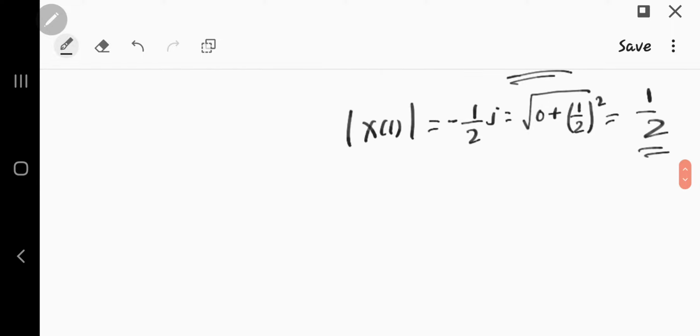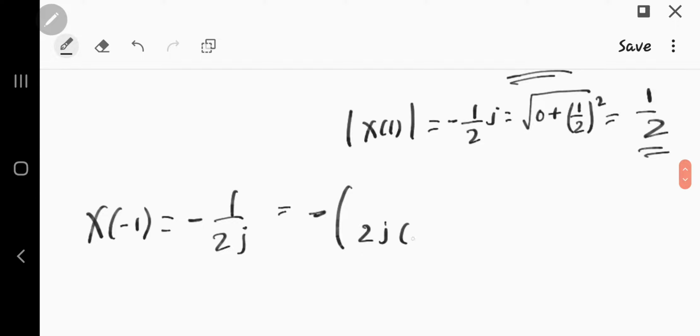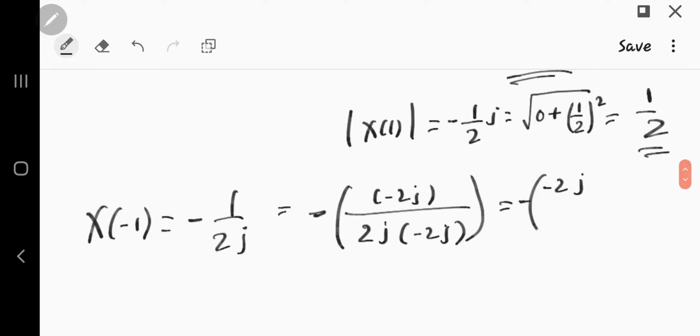Now in the same way, x of minus 1 is equal to minus 1 by 2j. Rationalizing this, you will get minus 2j in the numerator, divided by minus 4j square in the denominator. The 2s get cancelled.